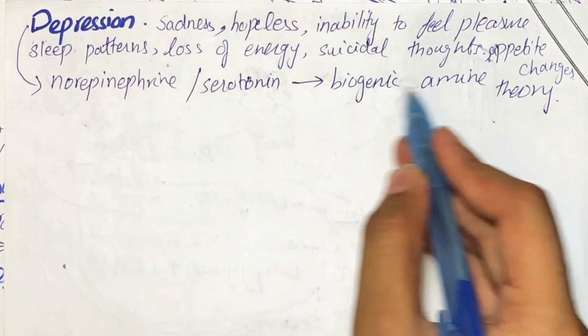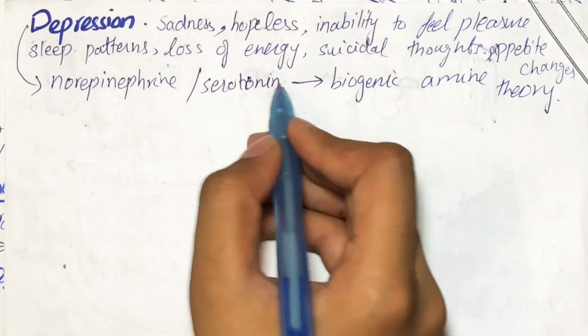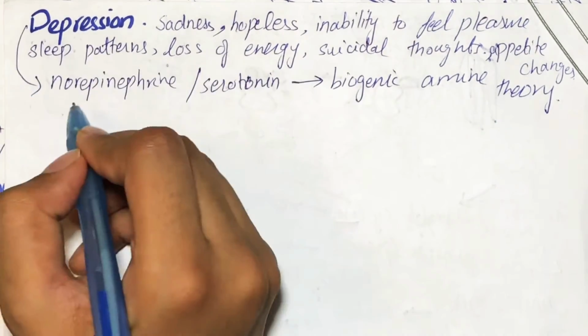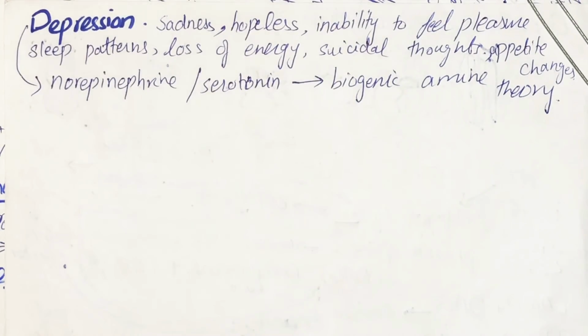So this biogenic amine theory is overly simplified, because reuptake of these neurotransmitters is immediately recovered by the antidepressant drug, but the therapeutic response of the patient for the antidepressant effect is not directly stimulated.